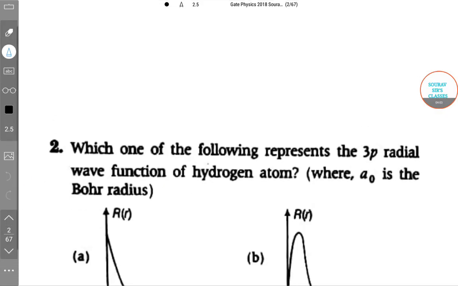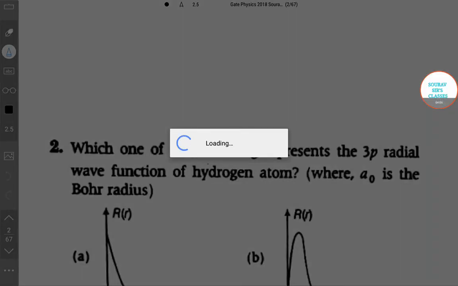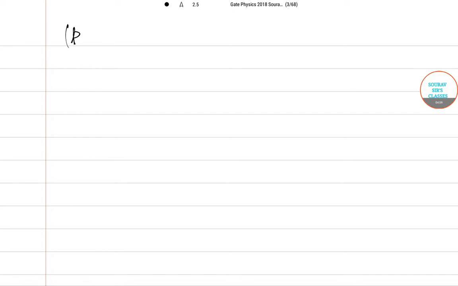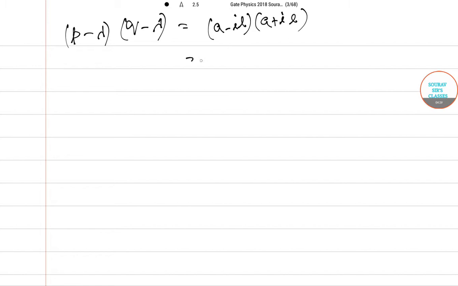So, now we can write P minus lambda into Q minus lambda equals A plus IB into A minus IB. This is A plus B, A minus B, which equals A square minus B square.